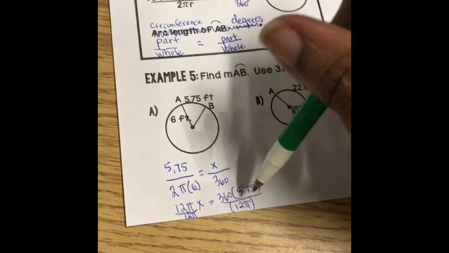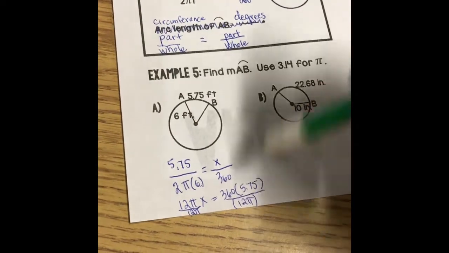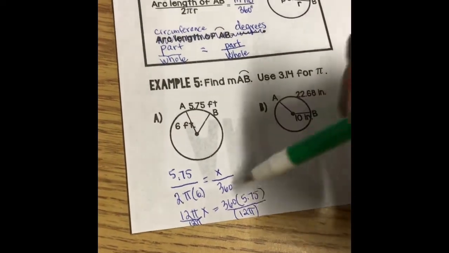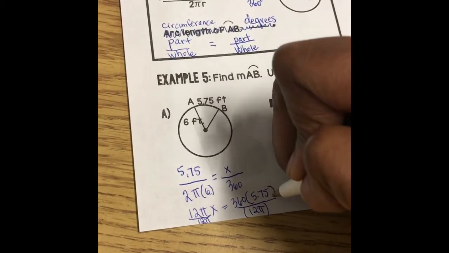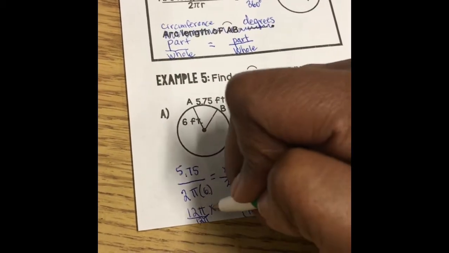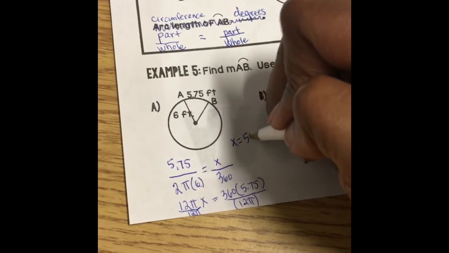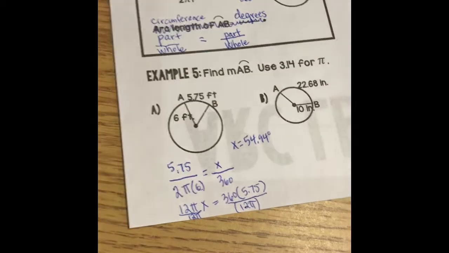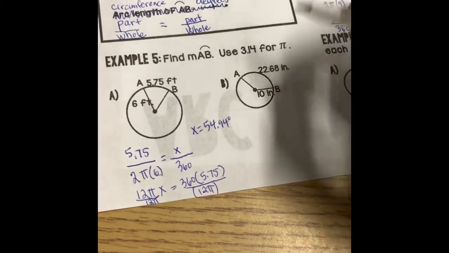It may want to divide by 12 and then multiply by pi, something crazy, but you may have to put that in the calculator in parentheses like that. You may want to check it out instead of just writing down this answer. When we get done, x is going to equal 54.94 degrees.